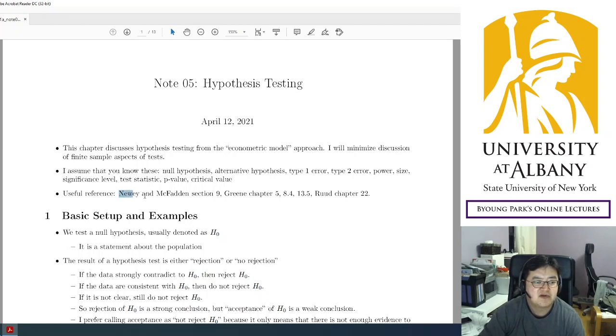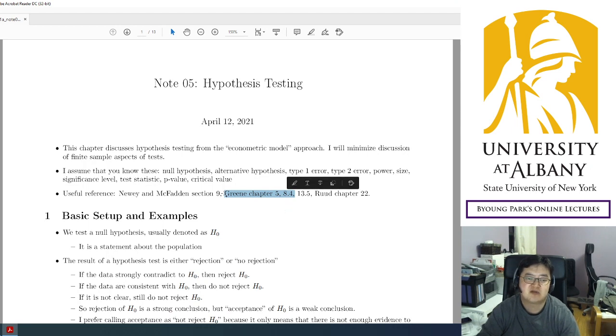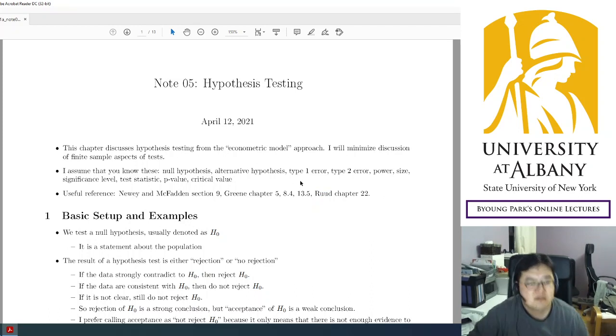The reference for this chapter is, again, Newey and McFadden. This paper has everything about how you use the data and how you obtain asymptotic results. I also use textbooks like Greene and Ruud.